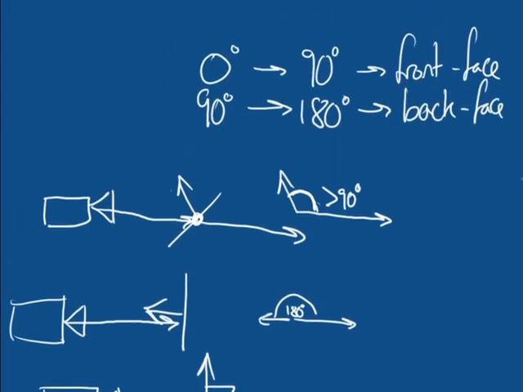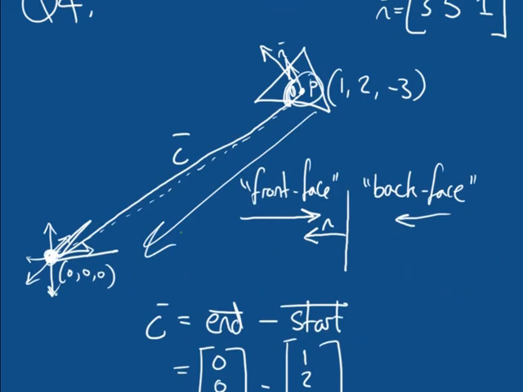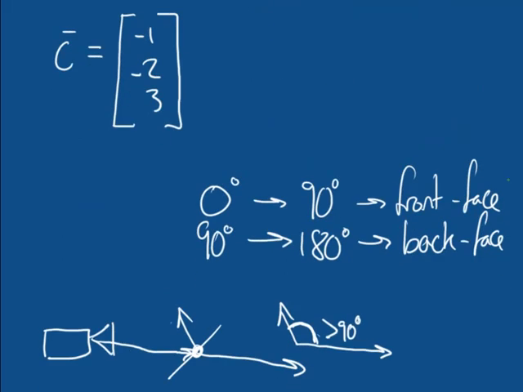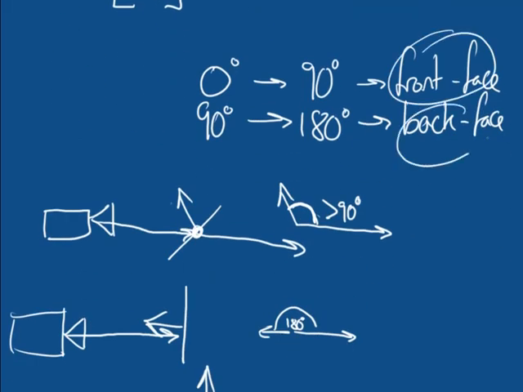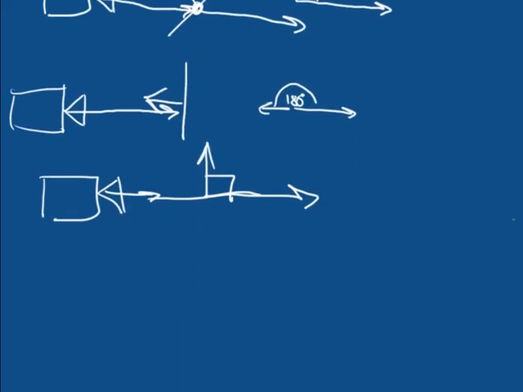So if you represented that vector going in the opposite direction, rather than from the point to the camera, the angle you get between your normal and that vector is going to be different, and the relationship between the front face and the back face is going to be different, because it's going to be from 180 degrees to 90 degrees that you're looking at the front face, and from 90 degrees to 0 degrees that you're looking at the back face.